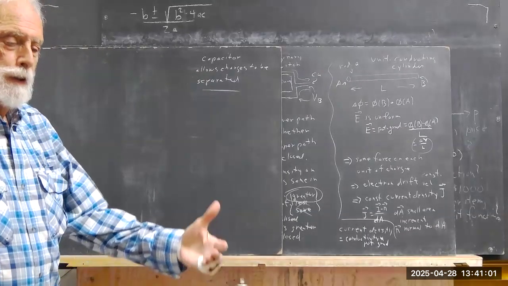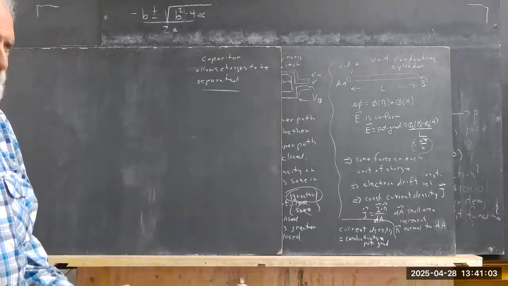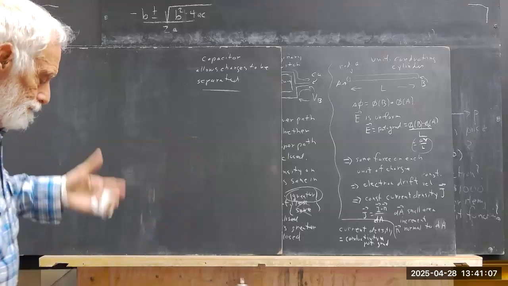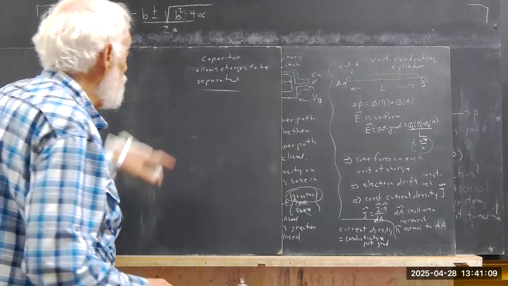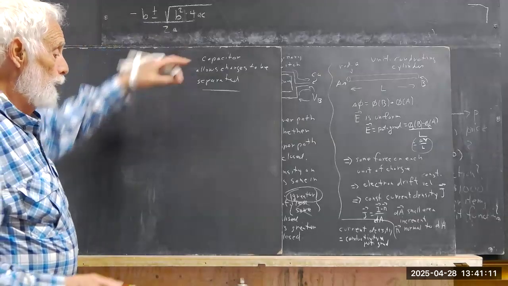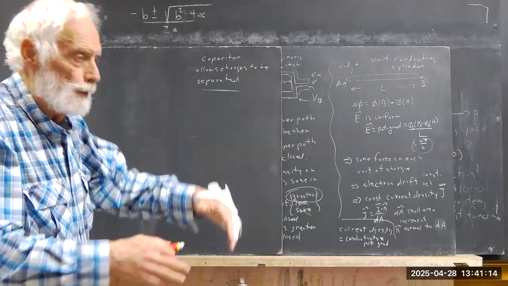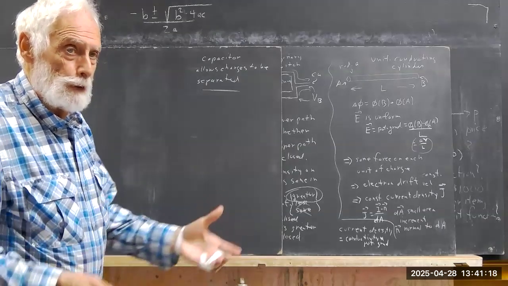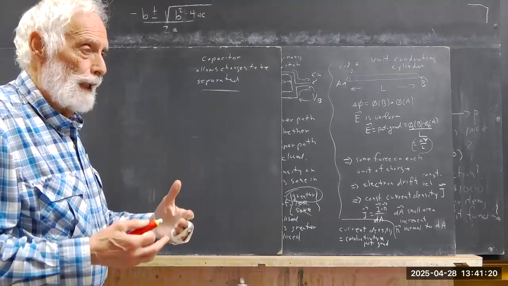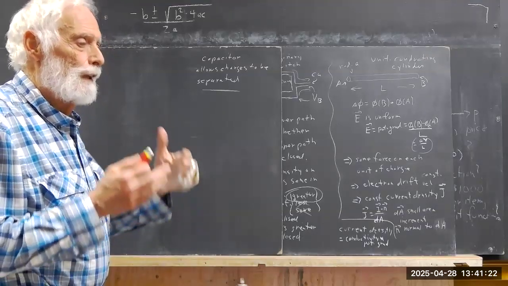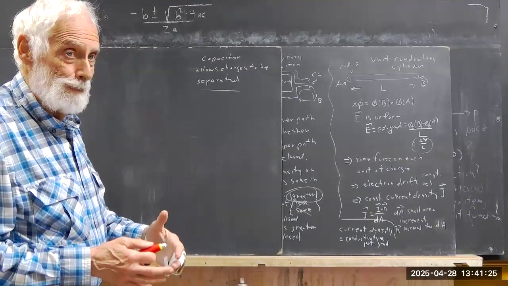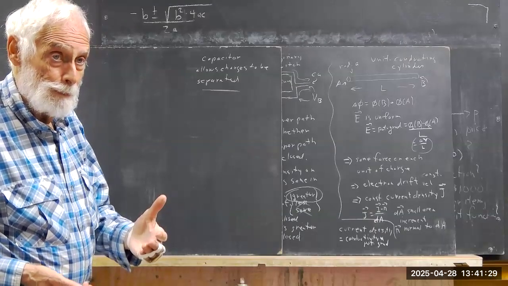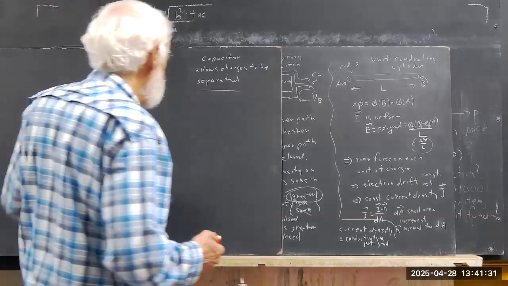So if you apply a voltage with a low resistance to a conductor attached to the capacitor, and the capacitor is uncharged, it'll separate charge until the charge on the capacitor is great enough that the voltage on the capacitor is equal and opposite to the voltage source.